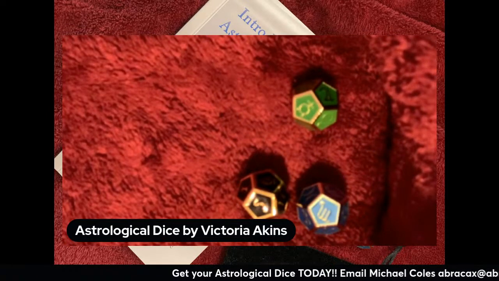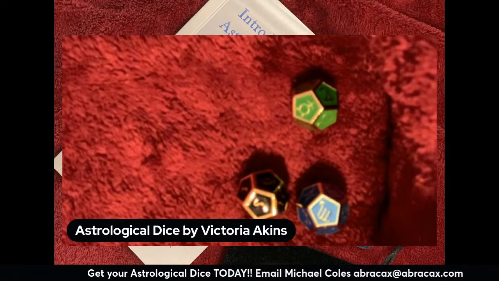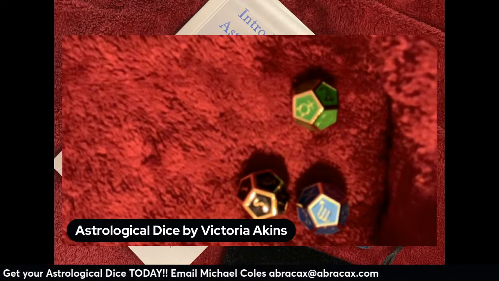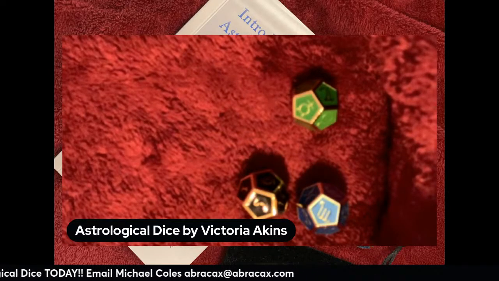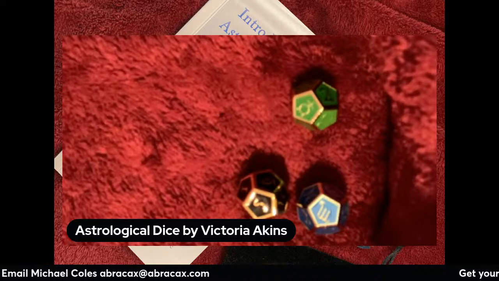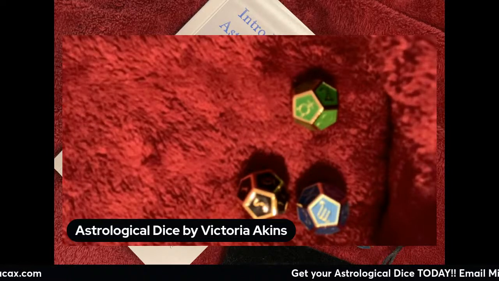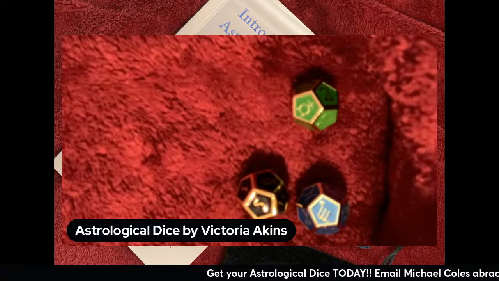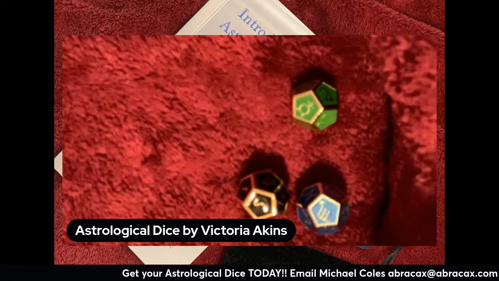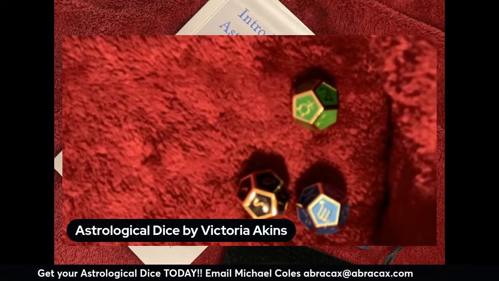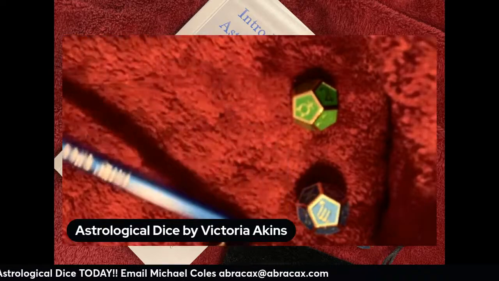Okay. Next is the Zodiac dice. The Zodiac dice is the blue one.